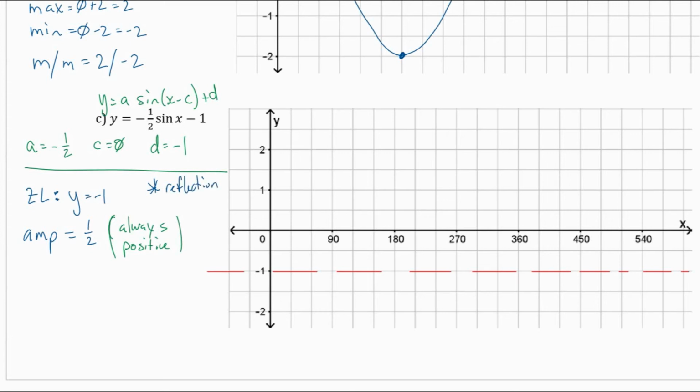Okay, so the max, now I calculate the max and the min. Notice I've done the same steps every single time. Start with the 0 line. I just say what it is from the D value. Then I state the amplitude from the A value. Then I come up with the max, which is the 0 line plus the amplitude.